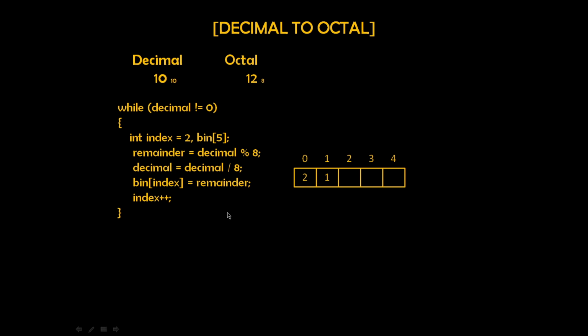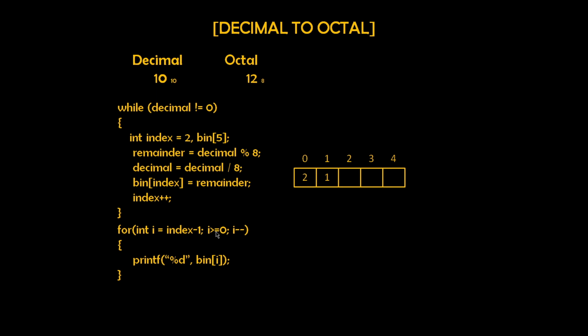What we are going to do next is print these two values in reverse. So instead of printing 2 1, we are going to print 1 and 2. To do that, we are going to use another for loop and print the elements. So we initialize i here by index minus 1. Our index is 2, so 2 minus 1 will be 1.